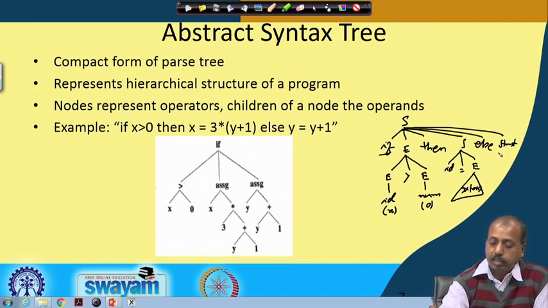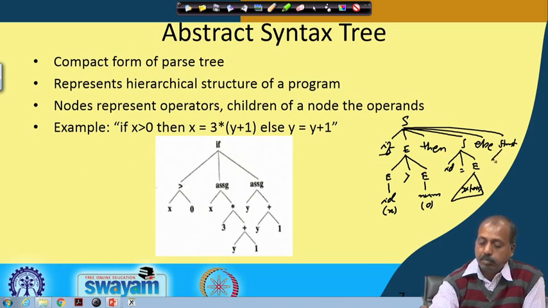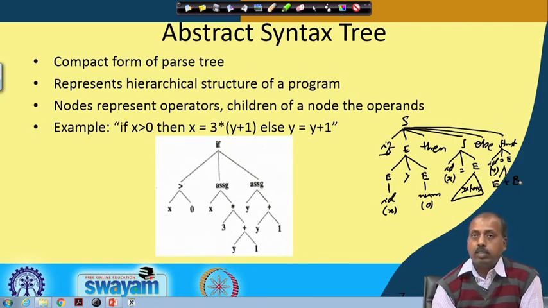This statement giving rise to again the statement that id equal to e, this id is y, this id was x, and then this is giving e plus e, etcetera. And then ultimately this e giving id, this e also giving id, this e giving number which is 1, and this is y.